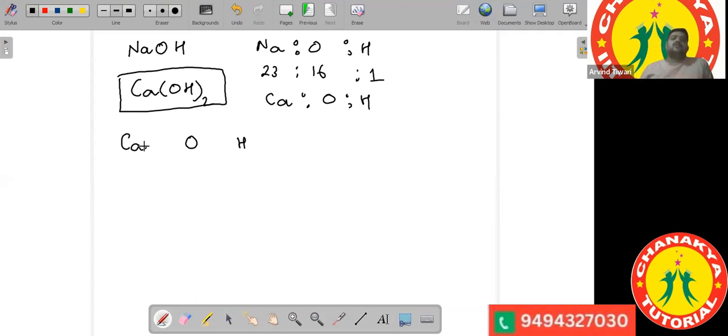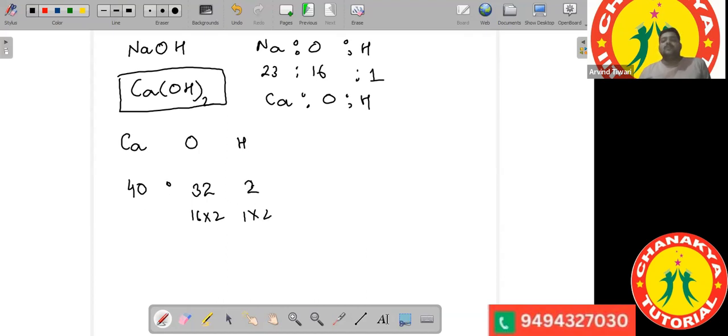Okay. So calcium has atomic mass 40. The mass of calcium will be 40 in one molecule. In one molecule, the mass of oxygen will be 32, as there are two atoms, so it will be 16 into 2, which is 32. For hydrogen, there are two atoms, so you make 1 into 2, which is 2.